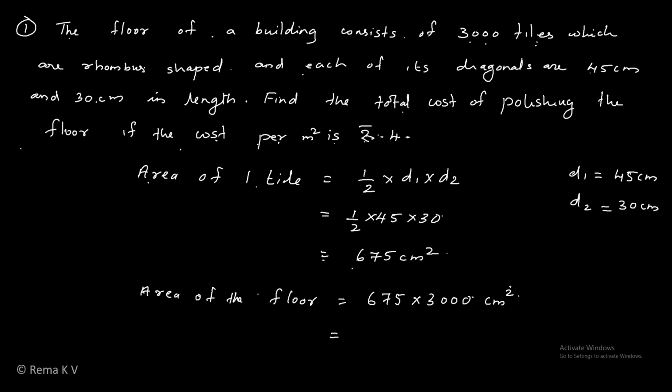Centimeter square means centimeter into centimeter. So what we have to do here is 675 into 3000. 1 centimeter is changed to meter, then the other centimeter is also changed to meter. Find the answer to this.